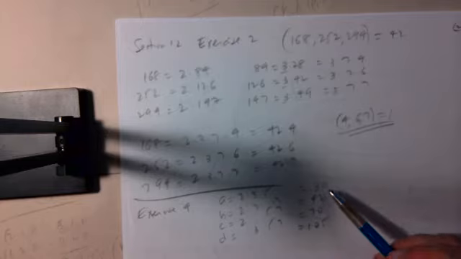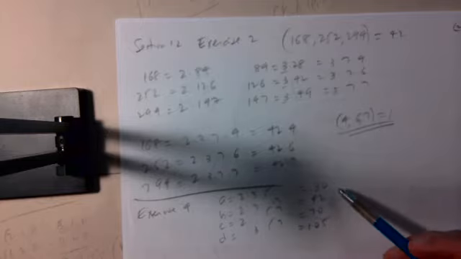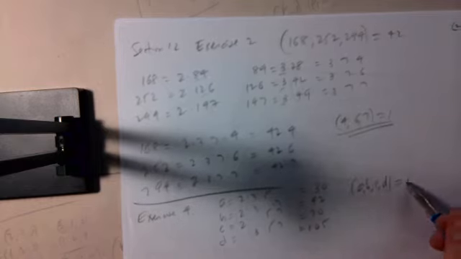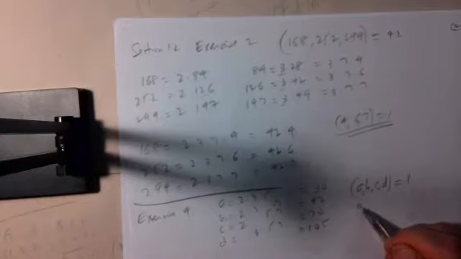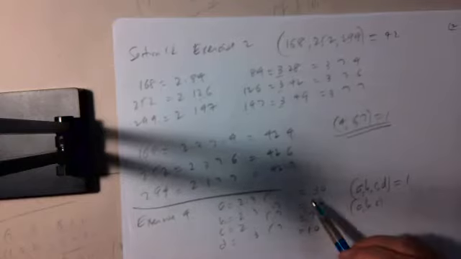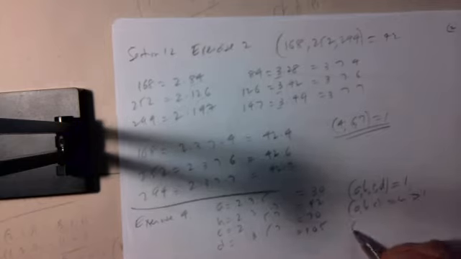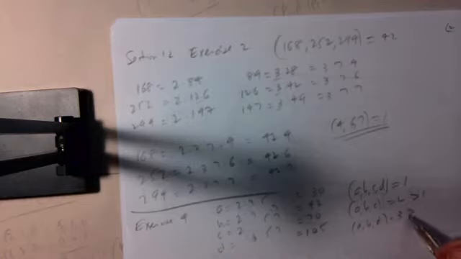So for these 4 numbers, the greatest common divisor of all 4 of them is 1. But the greatest common divisor of A, B, and C is 2, bigger than 1. The greatest common divisor of A, B, and D is 3.